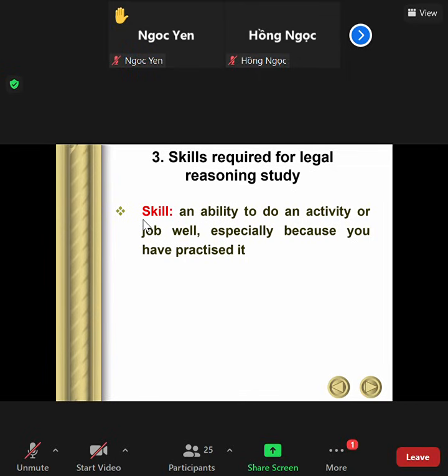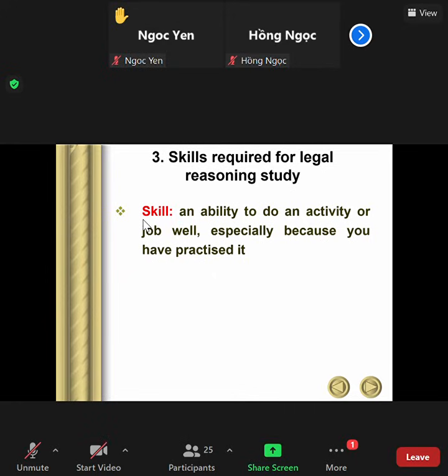Right, good idea. Analytical skills. Okay, I agree completely with Ngọc Yến. But you know that analytical is one of the subcategories of critical thinking skill.